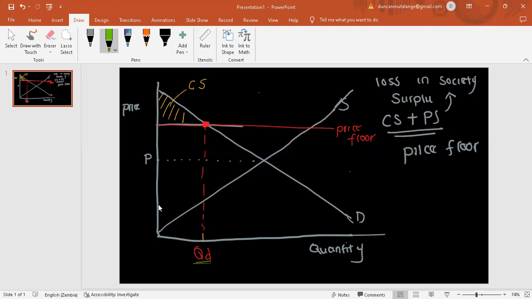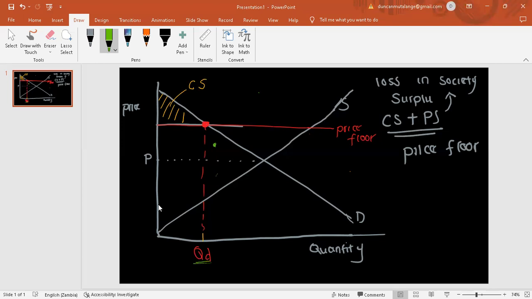So we're not going to consider this area because when we're talking, for example, at this point, you look at the quantity that is here, isn't it? So all these areas are representing quantity above. So you focus on the quantity that is being produced, that is being bought in the economy, in the market, and that is this. So in this case, this is going to be our limit line.